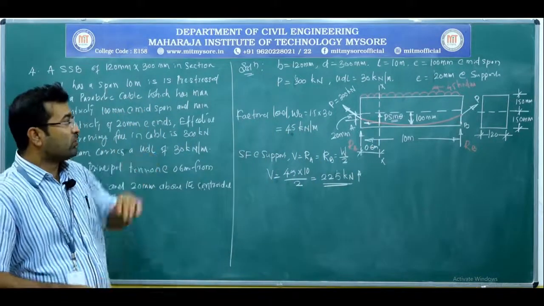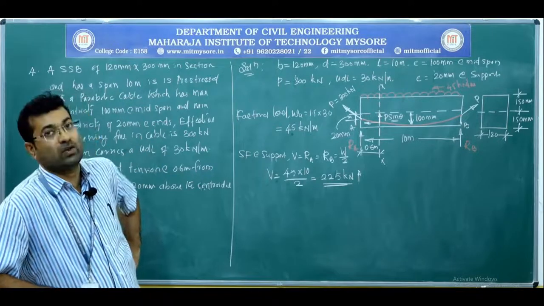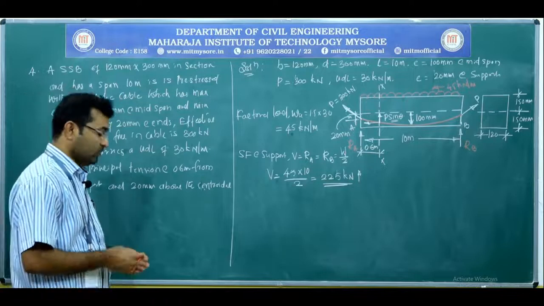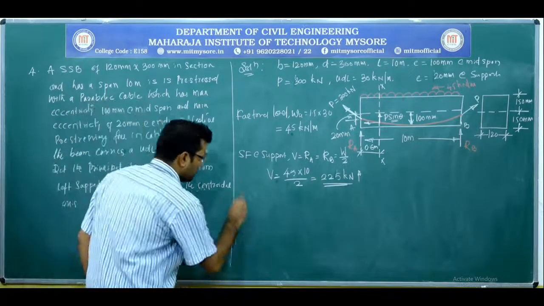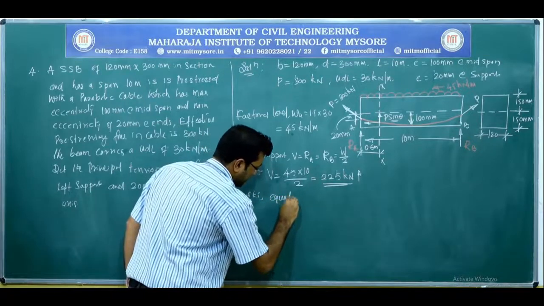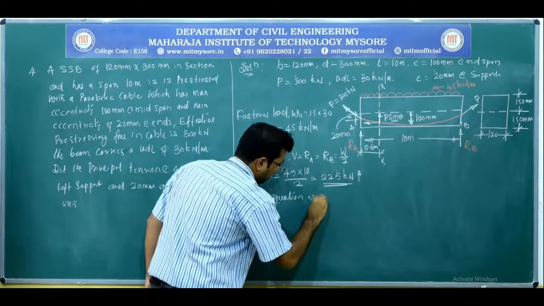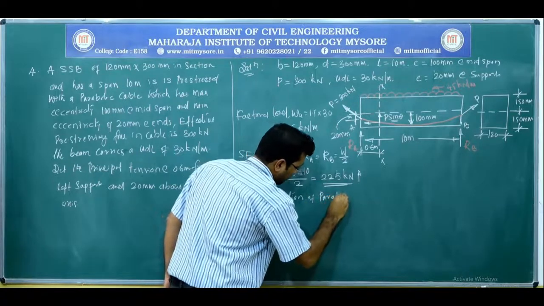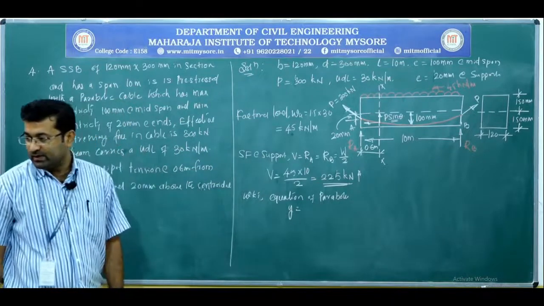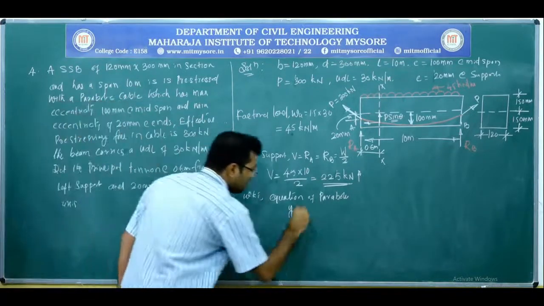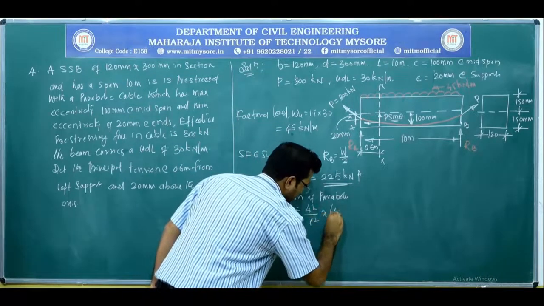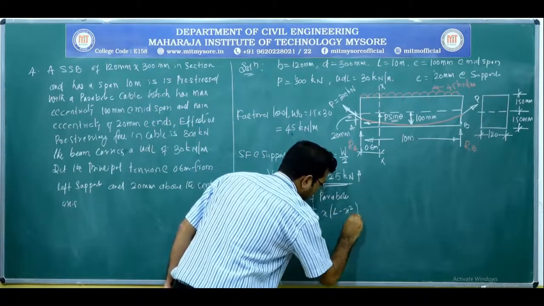So to calculate the slope of the cable at that particular location, we have to make use of the equation of parabola. Right? Therefore, we know that the equation of parabola is y is equals to 4h by L square into x into L minus x.